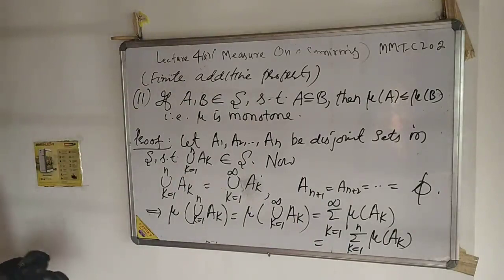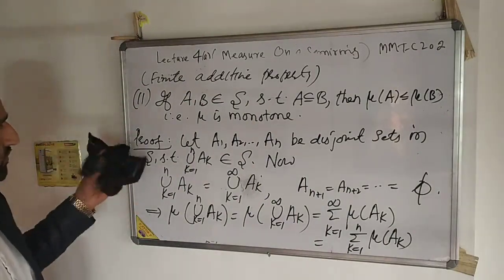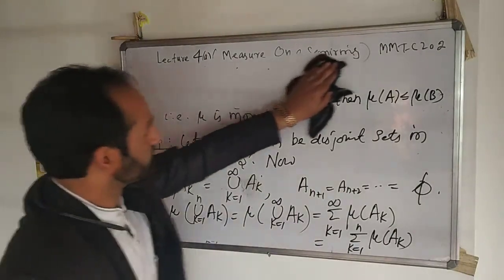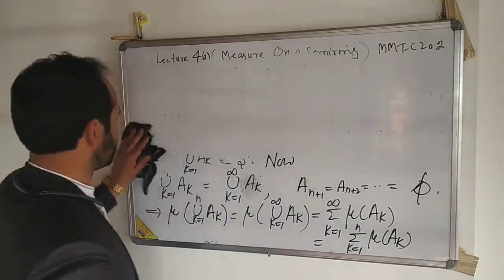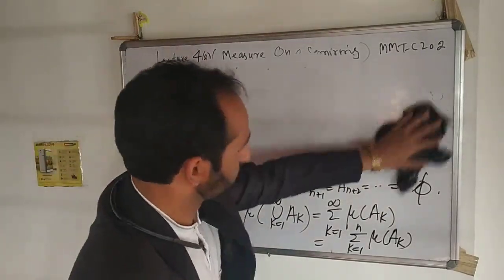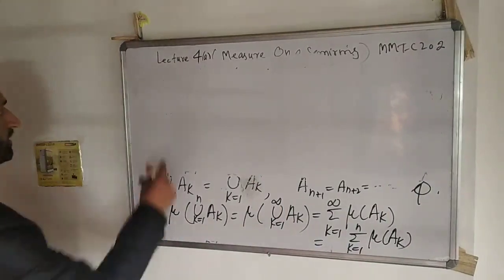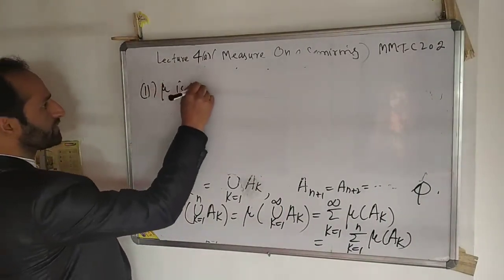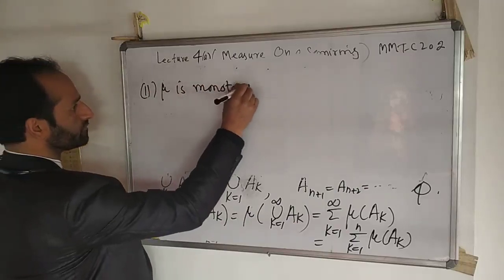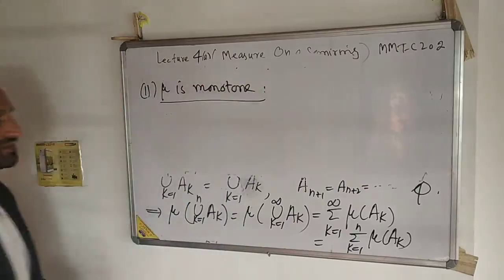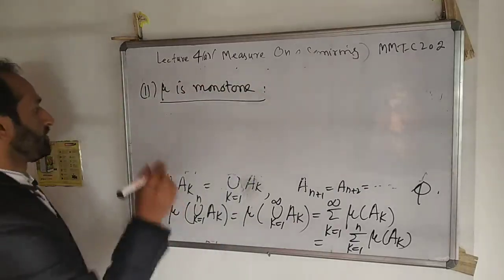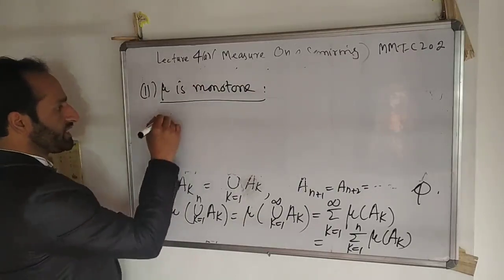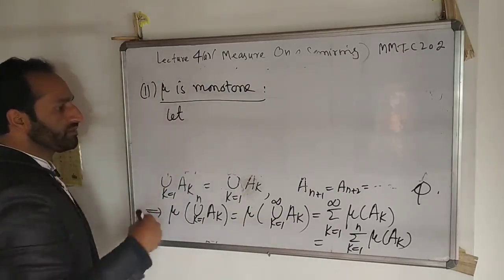Now we prove the second part of the theorem, that is, mu is monotone. Every measure is monotone. So for this we take any two sets in the domain of mu, that's a semiring.